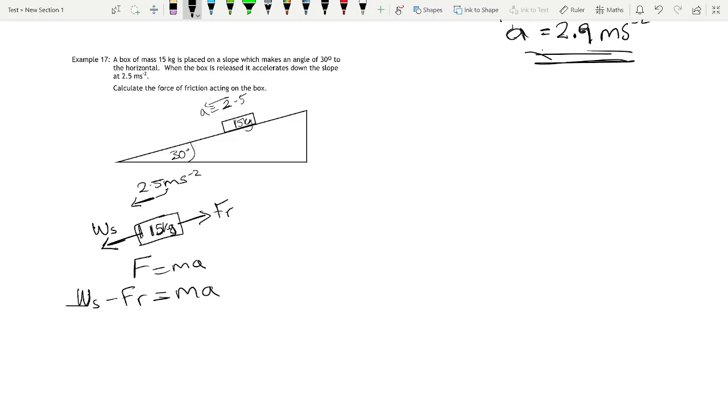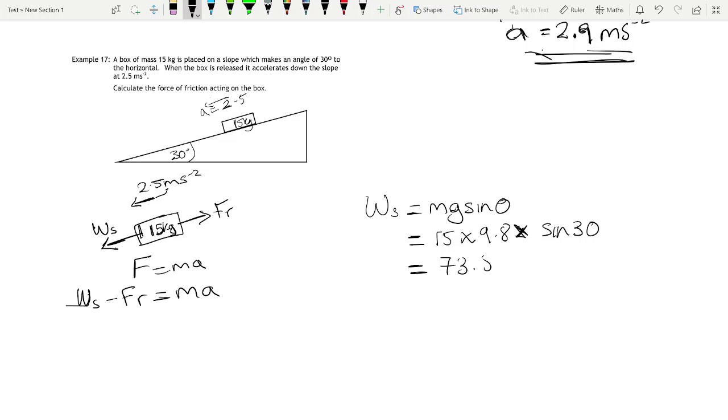To find the component of weight down the slope, we now know that it is mg sine theta. So it's 15 times 9.8 times sine 30, which comes to 73.5 newtons.